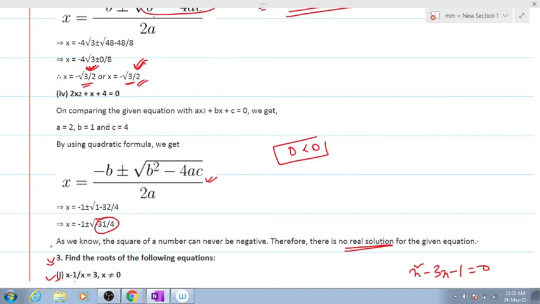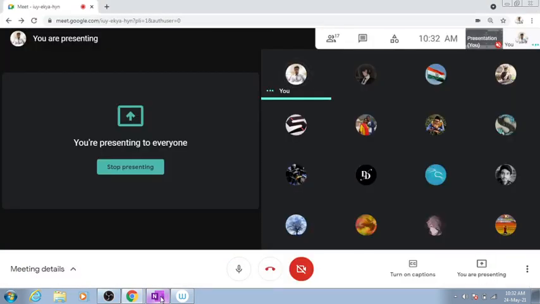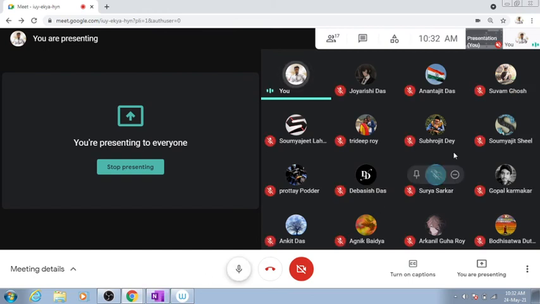Can you do it? The LCM portion I have already taken out here. It will be x square, you take the LCM, minus 3x minus 1 equals to 0. I hope fourth was clear to everyone. Question number 2, part fourth was clear to everyone.